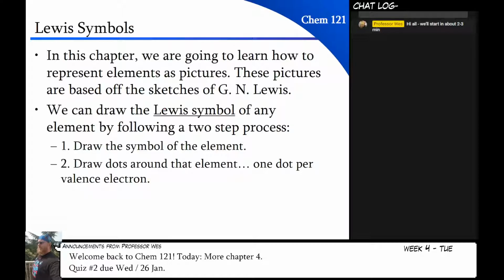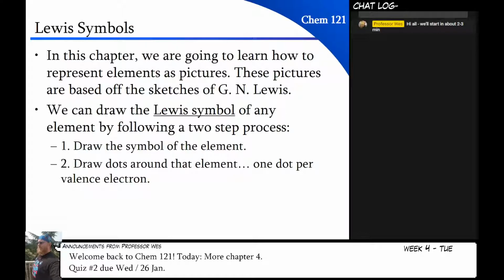This is one of the most ingenious ways of representing bonding. If I had to describe essential skills in chemistry, I would say the Lewis symbol and the Lewis structure, so important, despite how basic it is, because it helps us understand so many things. And it's going to be fundamental for us in Chapter 5 as well.